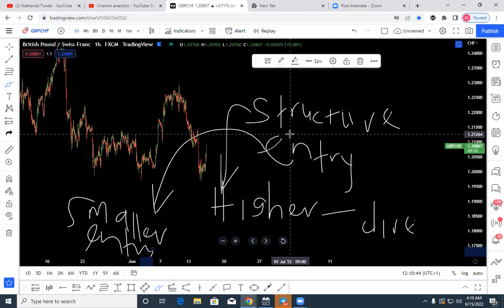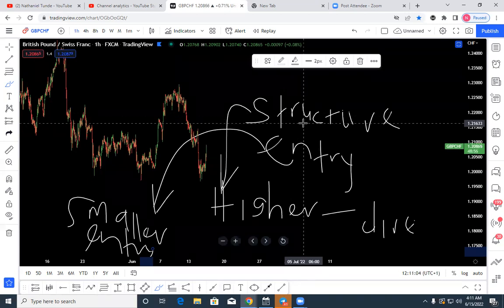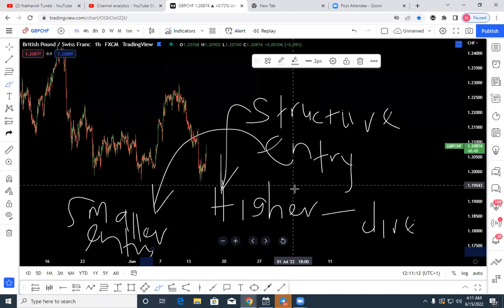Do you understand? That was the reason why I taught candlestick patterns that matter, so that as soon as you see this candlestick pattern at that critical level, you know that in as much as your structure is complete, you have that candlestick that matters, you are done with structure.